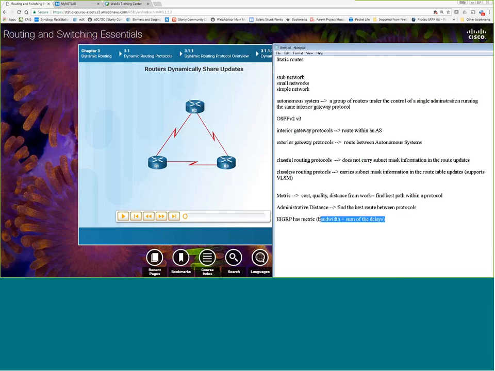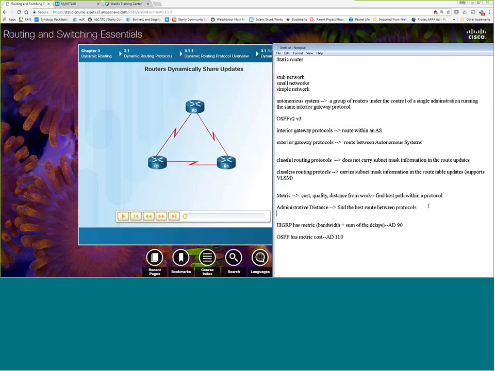We'll talk more about that as we talk about EIGRP. But EIGRP has an administrative distance of 90. OSPF, another interior gateway protocol, has a metric that is cost based upon the speed of the link. It has an AD of 110.